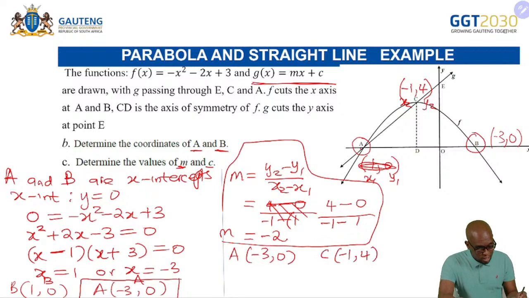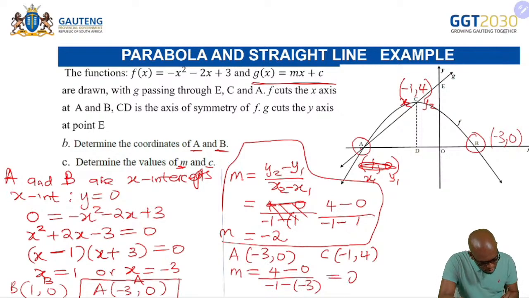So those are the coordinates of A and C. So the gradient here would be y2, which is 4 minus 0 over minus 1 minus minus 3 in this case. So this would give us a gradient of 2 because this gradient should be positive. So I made an error there and used coordinates of B instead of coordinates of A.